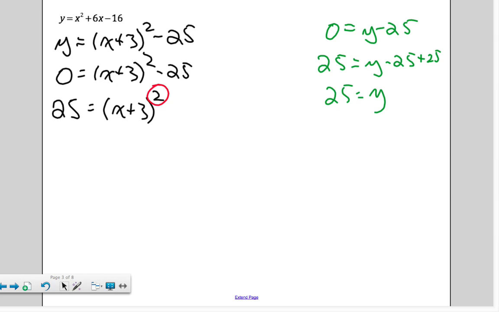What is the opposite of squaring? Square root. Thank you, Michael. So if we do the square root of this, what we get here is x plus 3. That's the whole idea of taking the square root, so that we get rid of the square. We're just left with x plus 3. Square root of 25.